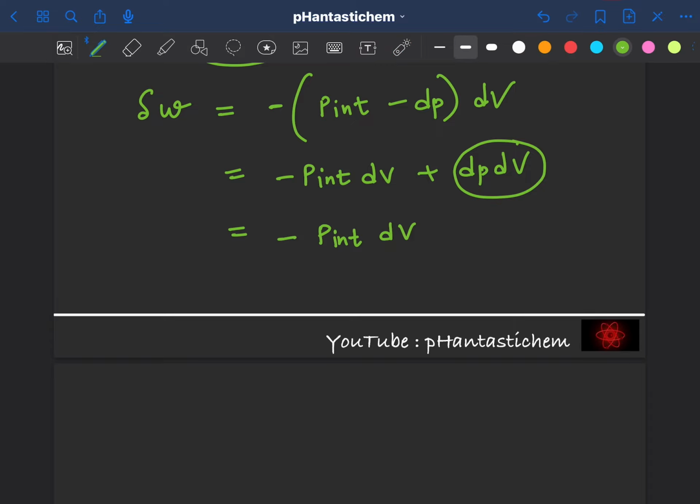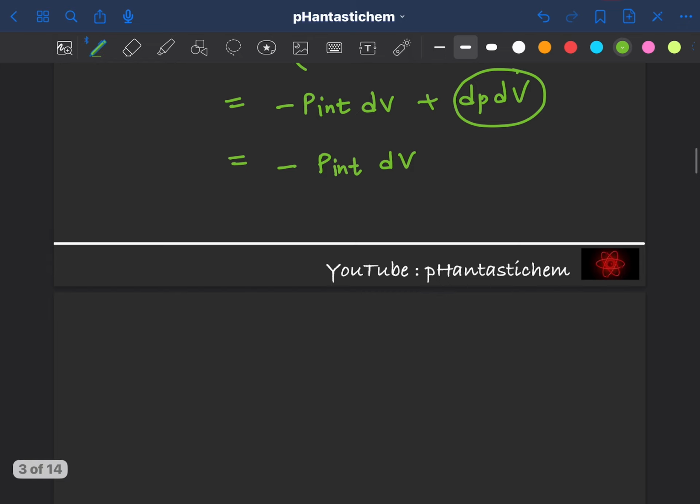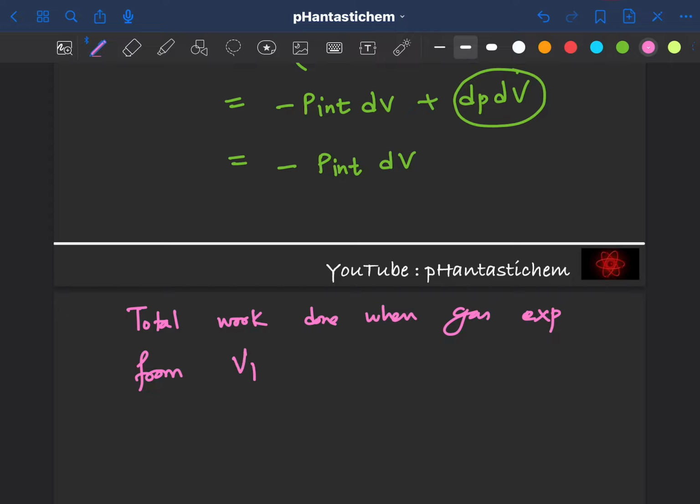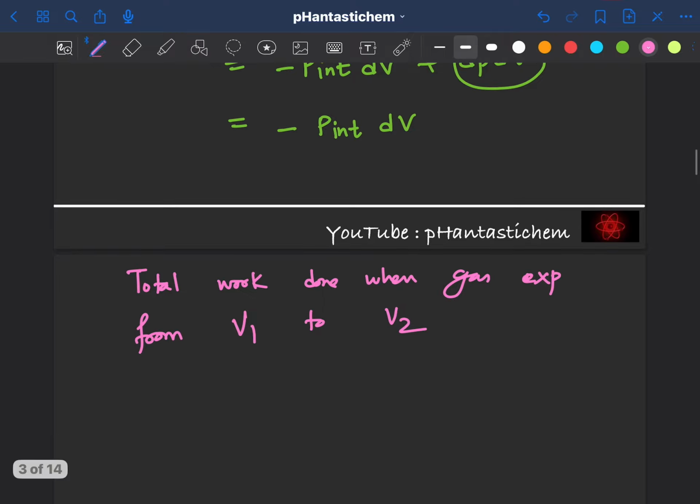So the total work done when the gas expands from initial volume V1 to final volume V2 will obviously be the integration.